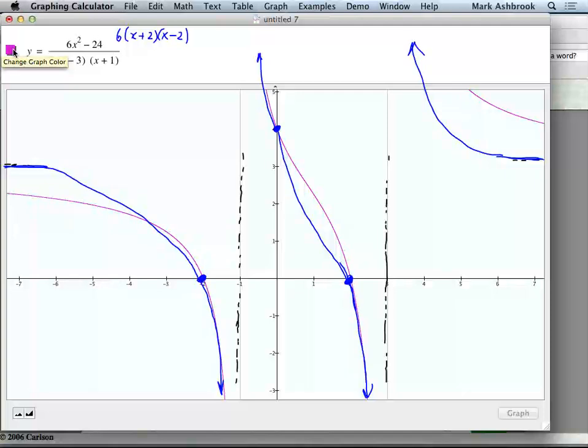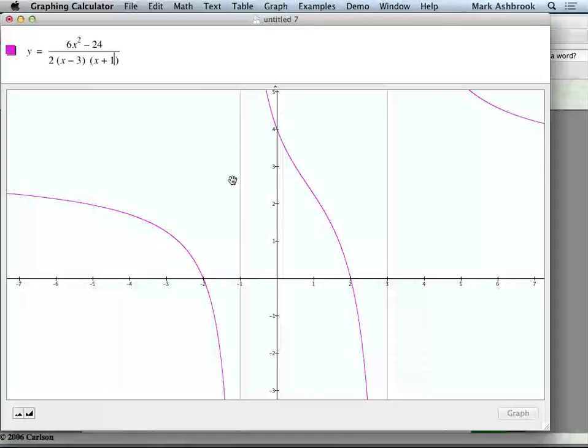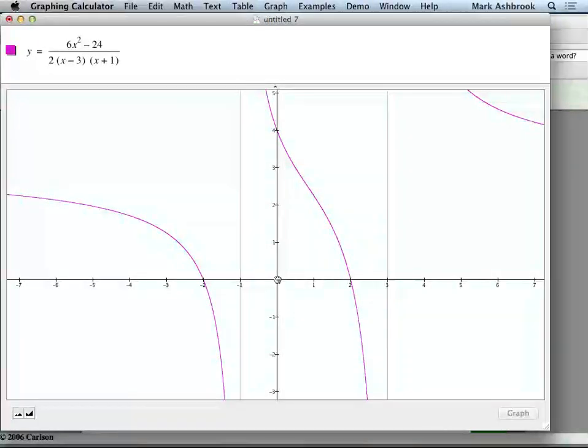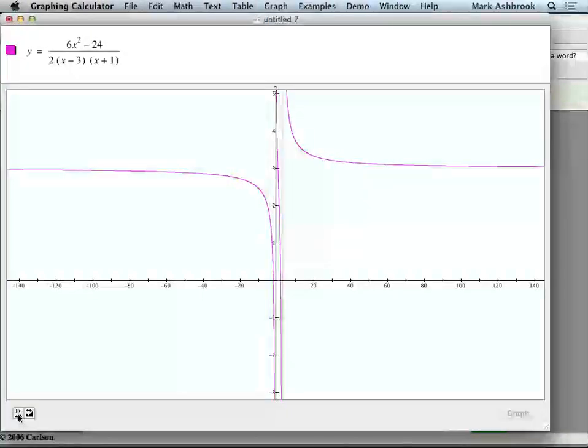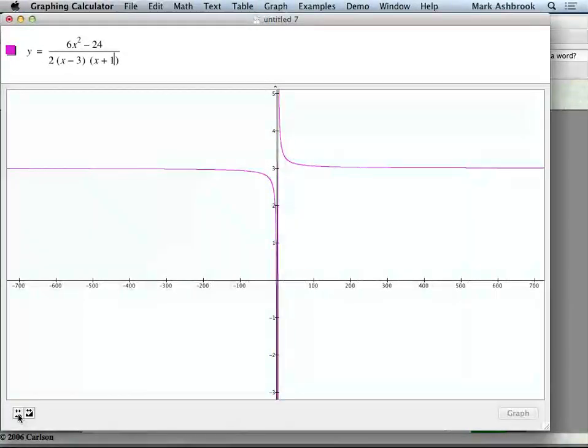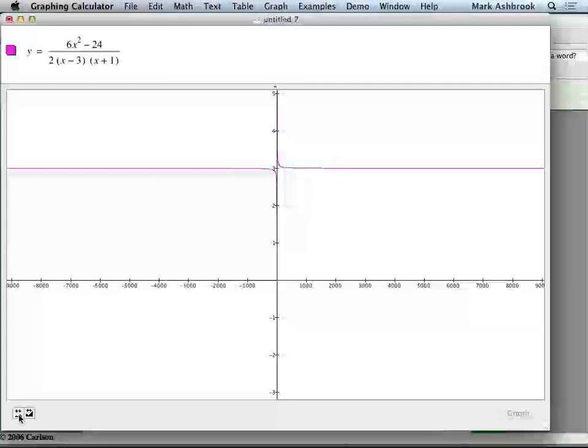Okay? So we got it. We got all the elements that we wanted. We got the roots, the asymptotes, the y-intercept. So let's investigate the end behavior here. So when will this graph look like 3? When x is really big, positive or negative. So if we zoom out on the x-axis, now we're looking at large values of x, positive and negative.